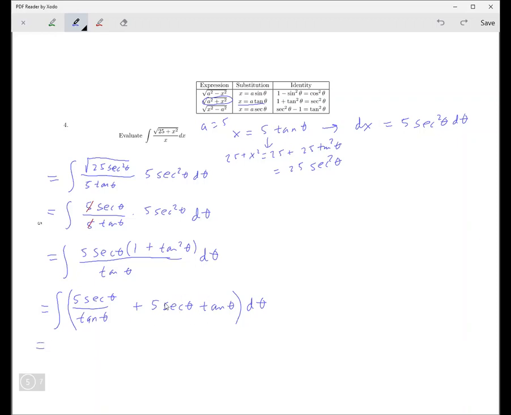Okay, this one we can take the integral of. That's just secant, okay? Because the derivative of secant is secant tangent, right? So that's just going to be secant. This one right here, we'll switch this one to the sines and cosines and see what happens. So secant is 1 over cosine, and tangent is sine over cosine.